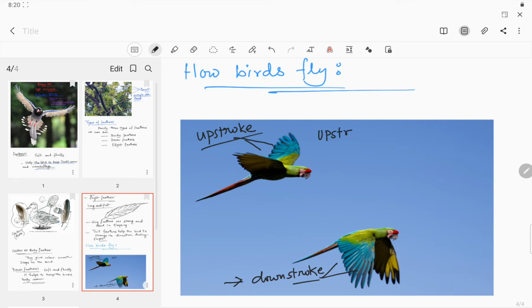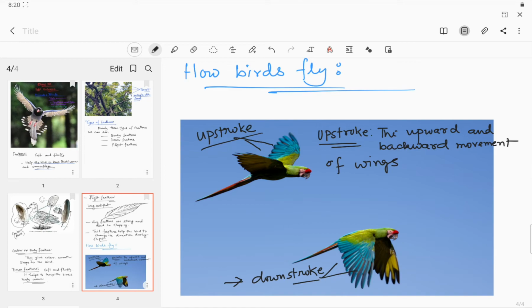Upstroke means the upward and backward movement of wings is called upstroke.